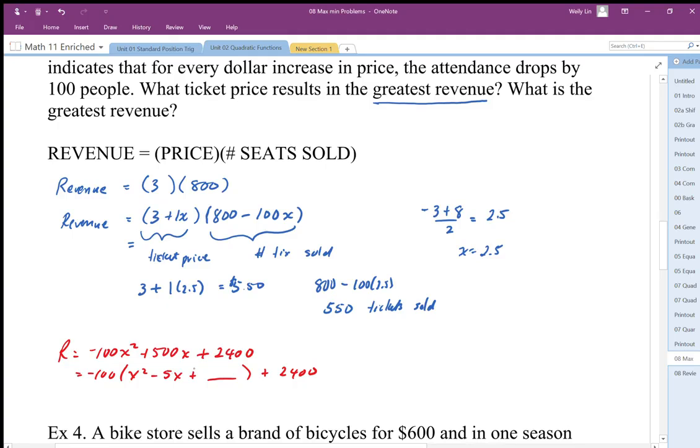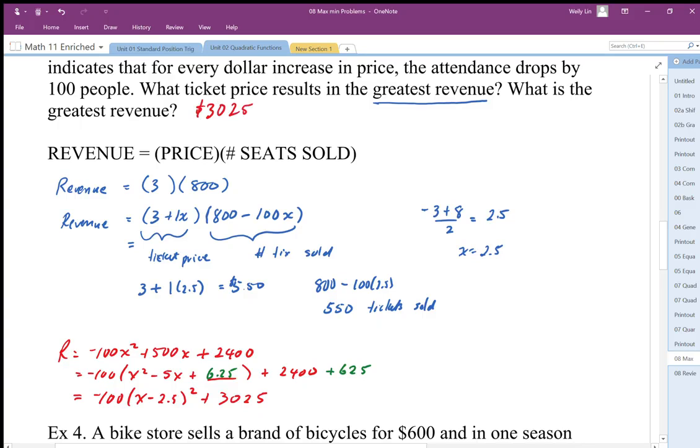I'm going to take half of 5 and square it, which is 6.25. I balance that, and since it's multiplied by negative 100, I'm going to add 625. I end up with negative 100 times x minus 2.5 squared plus $3,025.